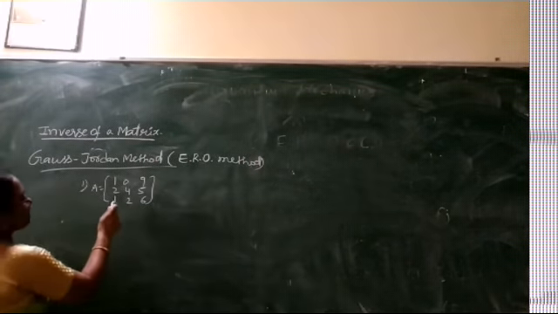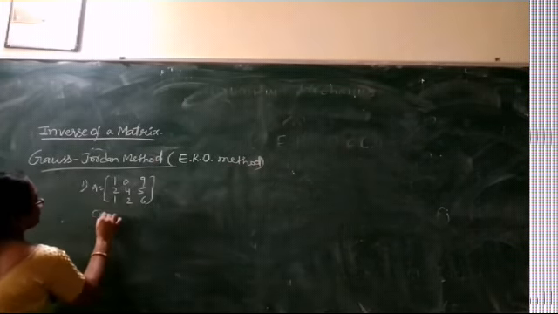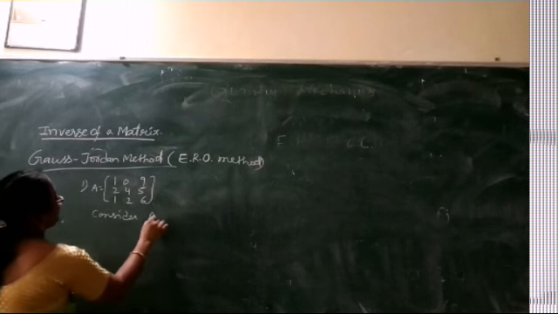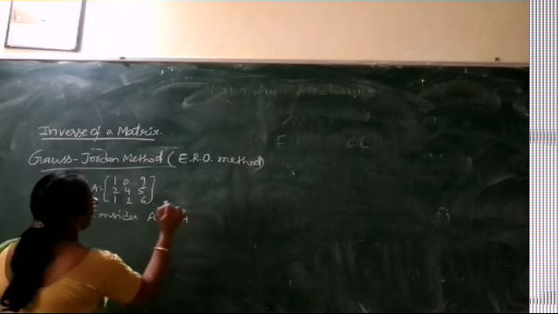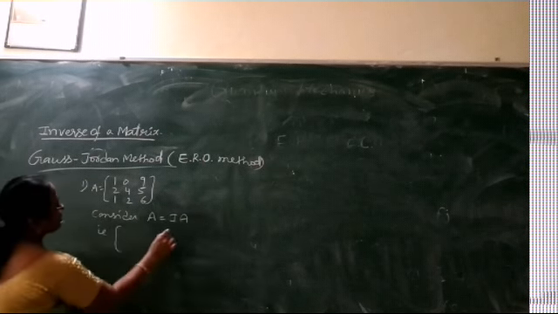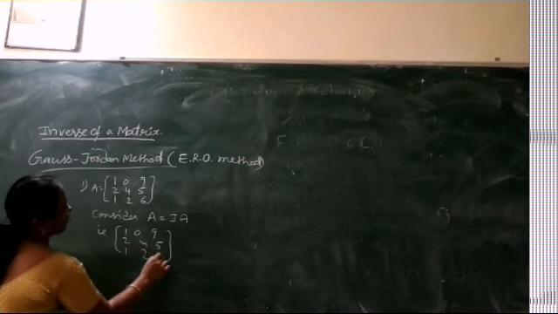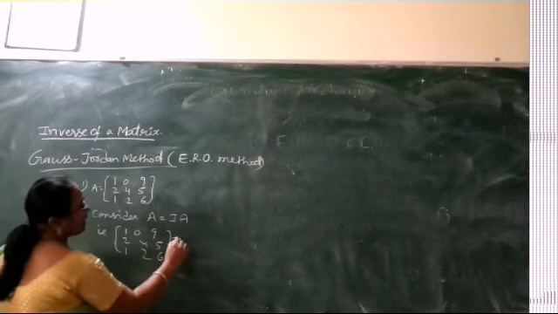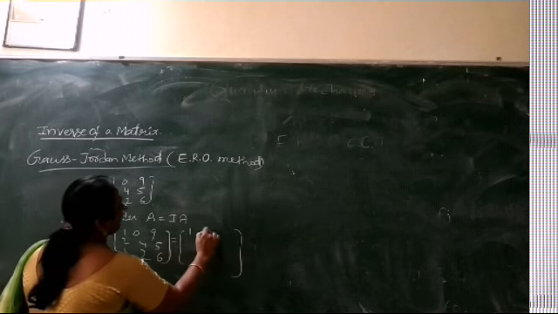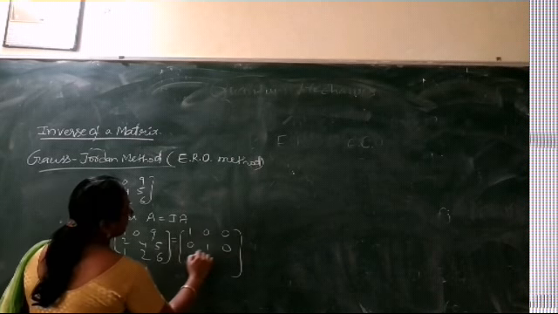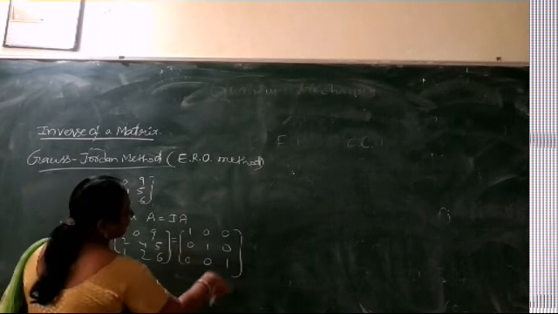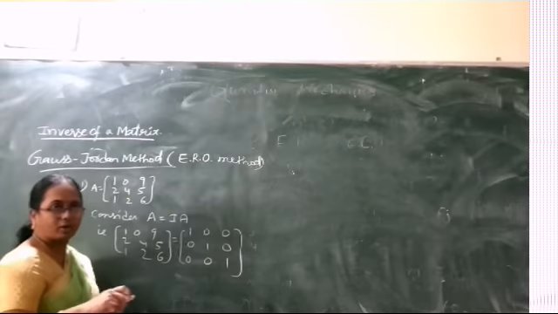According to our method, first we consider the form A equal to IA. We rewrite: we have A as 1 0 9, 2 4 5, 1 2 6, and on the right hand side the identity matrix 1 0 0, 0 1 0, 0 0 1. Yes, are you following?